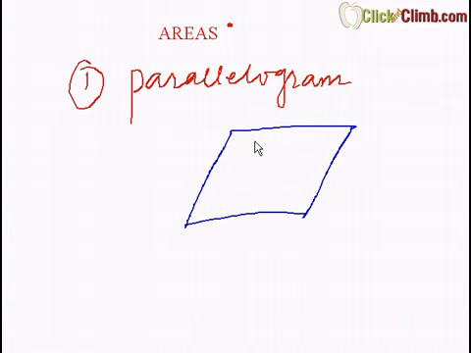And suppose if we draw this perpendicular, this is making a 90-degree angle, and this is the height h, and this is the base b. So this is the base and this perpendicular is the height of the parallelogram. Now what's the area of a parallelogram?